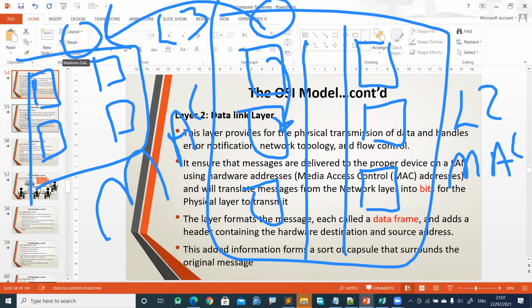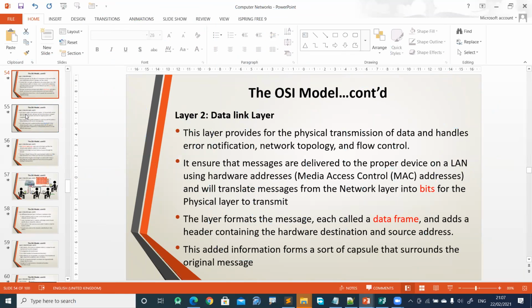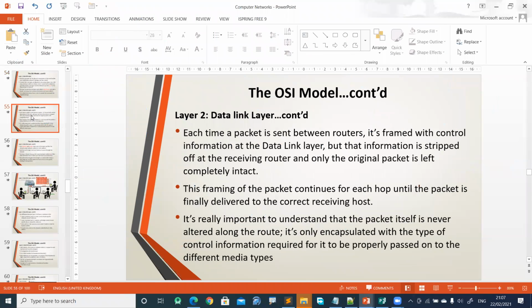So when communicating from one local area network to another, you use layer 3 because you need a machine which does routing. But within the local area network, you use MAC addresses. Of course, IP addresses will be used, but MAC addresses are used more than IP addresses. So let's take note of that.